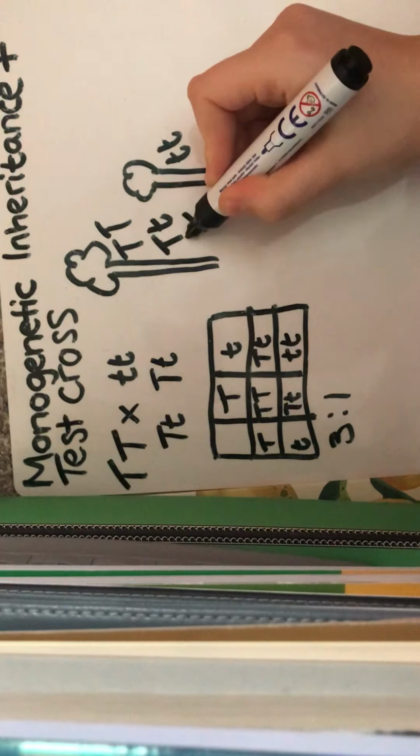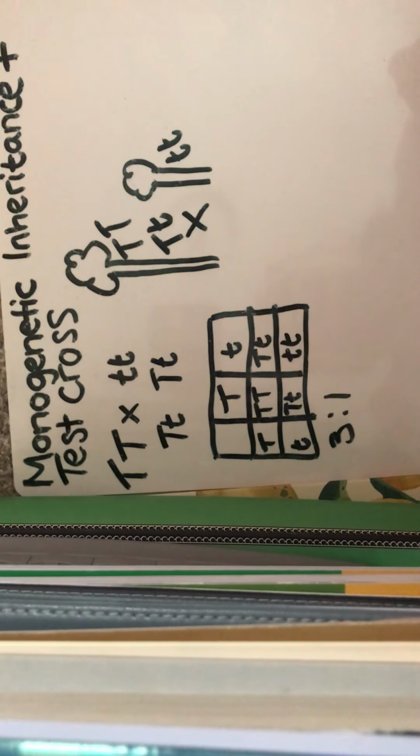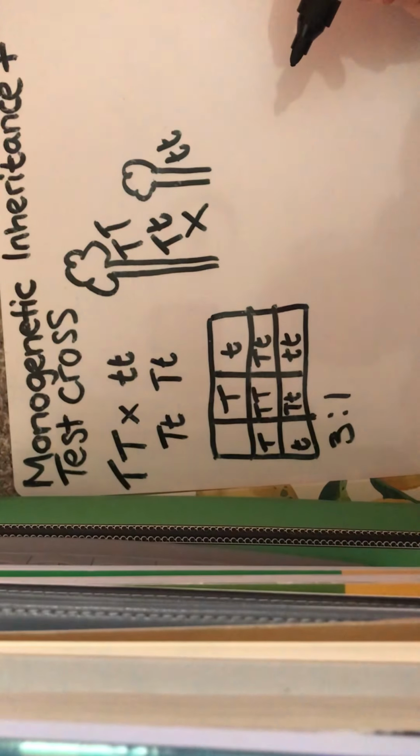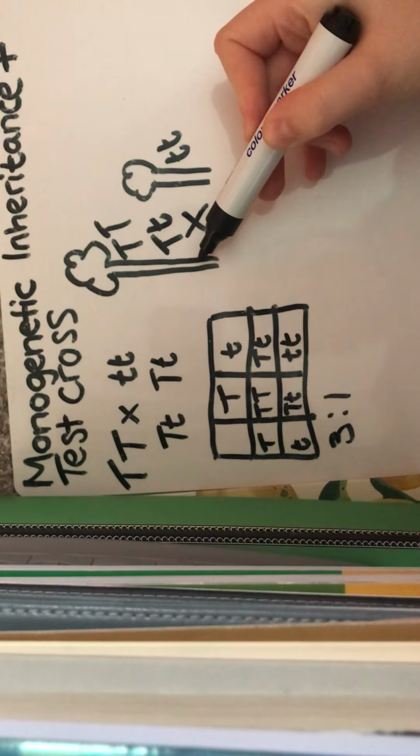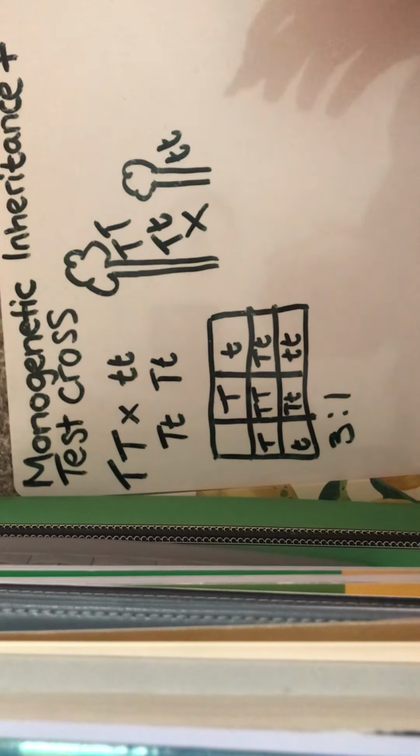If we crossed these two individuals, we would be looking at their offspring to see if there were any short stem plants. If there were any short stem plants, then we would know that this tall stem parent would have to be heterozygous.